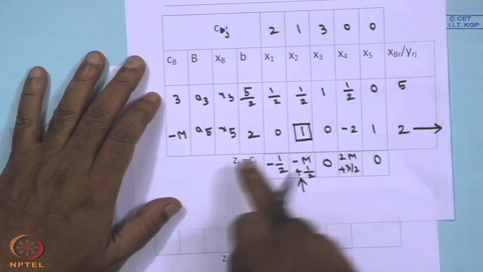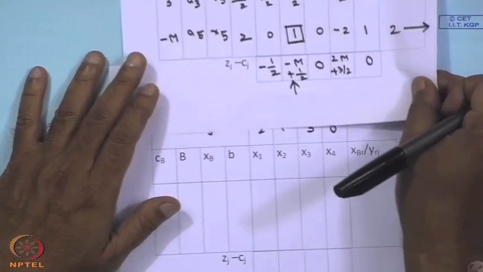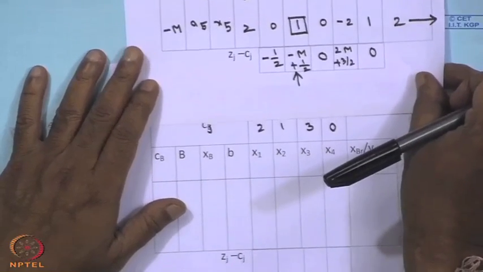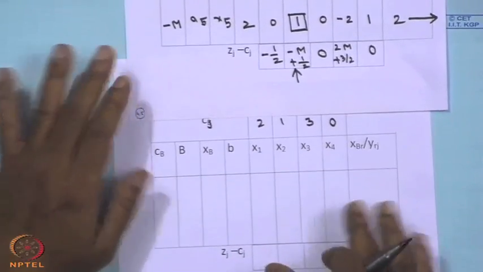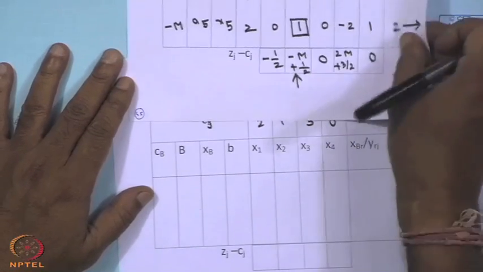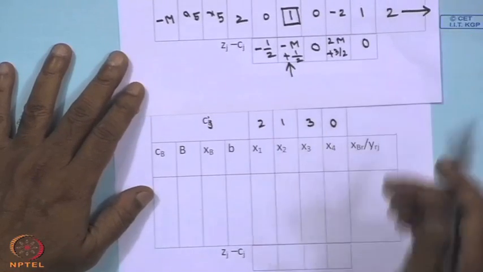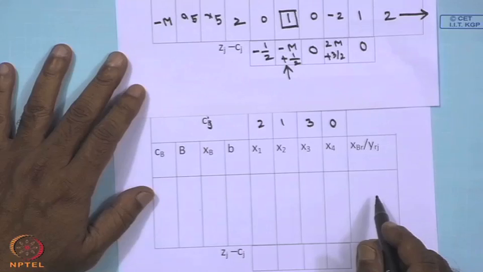Once it is out of the initial basis, we may drop the column corresponding to x 5 also. In this table we have written up to x 1, x 2, x 3, x 4, whereas earlier it was x 1 to x 5. So if the artificial variable is out of the basis, we can drop that artificial variable.